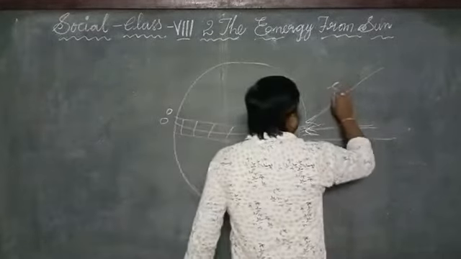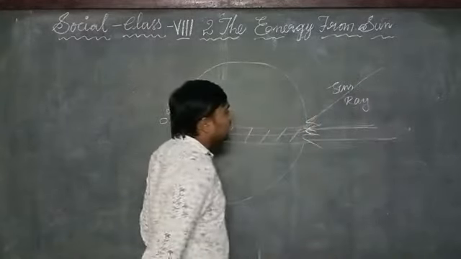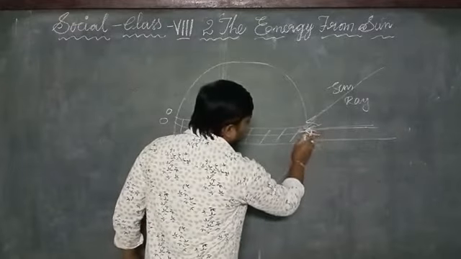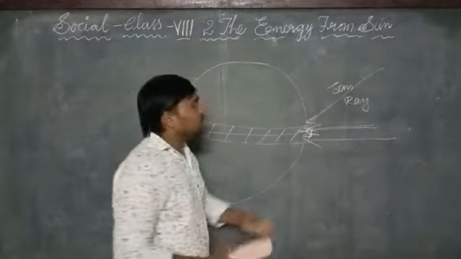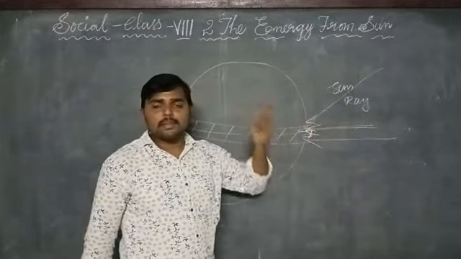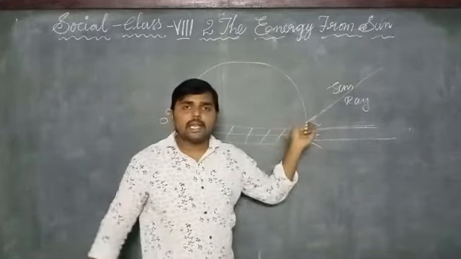Let us assume that these are sun rays. The angle between the sun rays falling on the surface of the earth is called the angle of incidence.